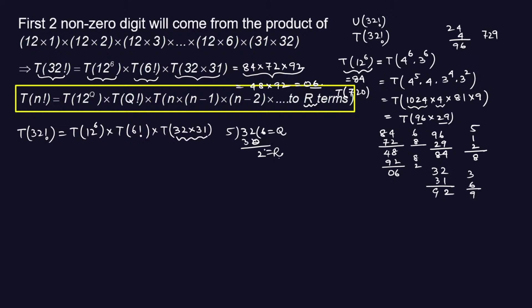Why? Because the remainder is 2. That is why I have written 2 terms. That's it. So this is how we find the two non-zero digits of any factorial given to us. Is it clear to everyone?